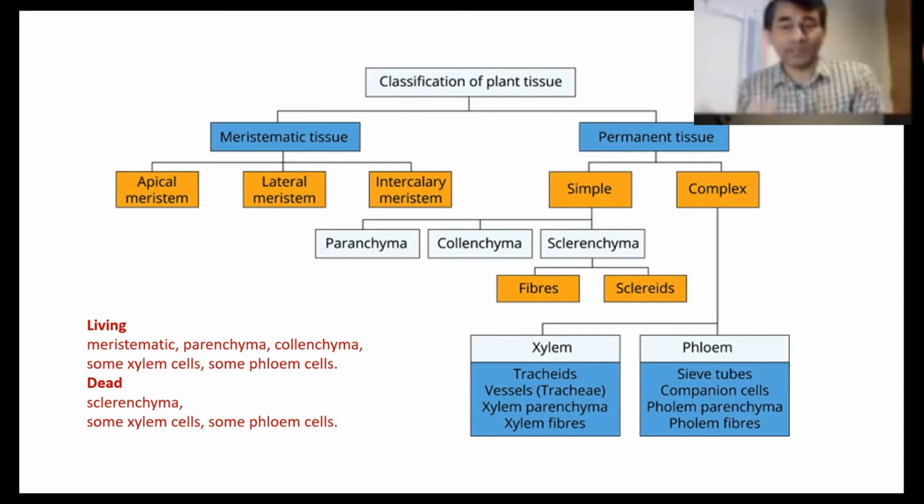You can see meristematic tissue is a living tissue; parenchyma, collenchyma, and some cells of xylem and phloem are living tissue, whereas sclerenchyma and some cells of xylem and phloem are dead tissue. So this is about classification of plant tissue. If you just remember this classification in year 8, then you will be learning more details when you go into year 9. So this classification is important for your year 9.